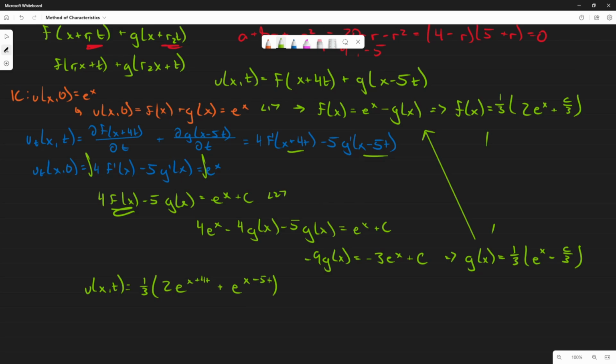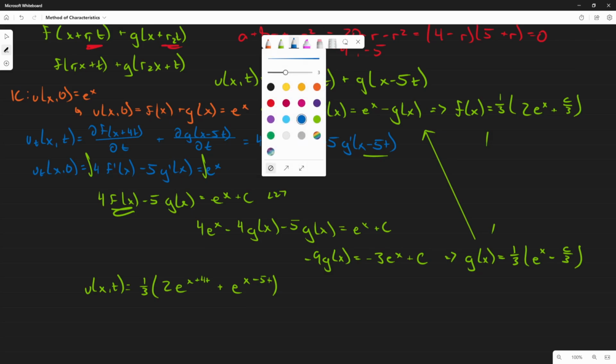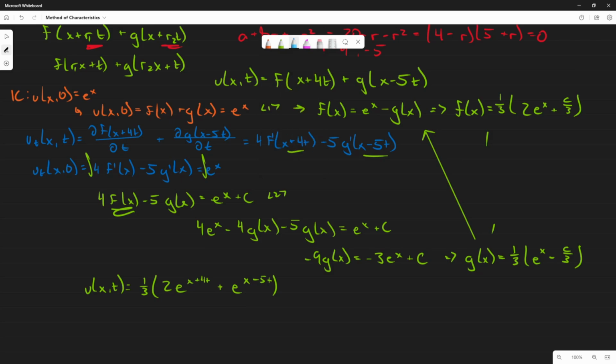But there is a little catch because this is not our complete answer. This will only be valid for x being greater than 0, t being greater than 0, and x minus 5t being greater than 0.